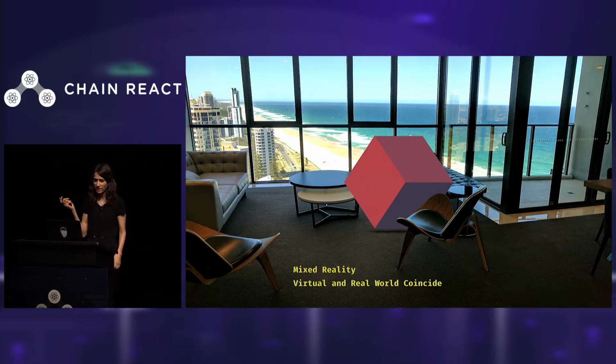And last but not least, there's this term MR, or mixed reality, or merged reality. And the goal of MR is that the digital content coincides and interacts with the physical world.